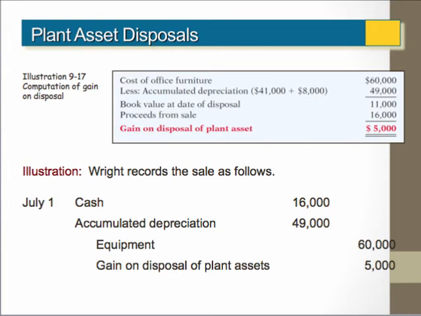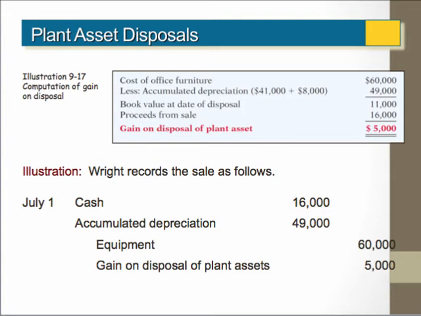We derive the $11,000 by taking the cost of the asset minus the updated accumulated depreciation. We sold the asset for $16,000, so what we did is receive $16,000 in cash, and the difference between the sales price and the book value is a $5,000 gain.